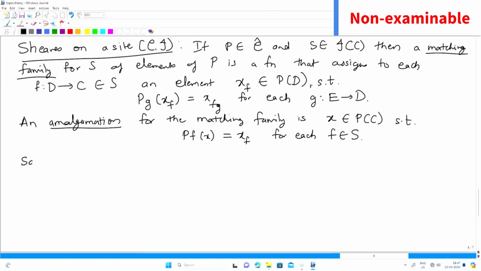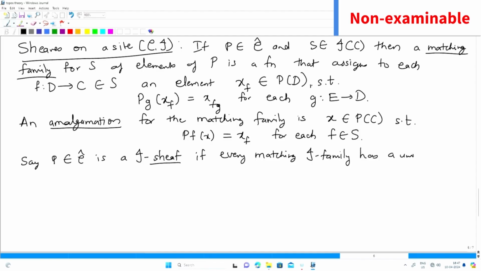Yes, so say P in C hat is a J sheaf if every matching J family has a unique amalgamation. Okay, so I hope you are convinced that it's the same definition.